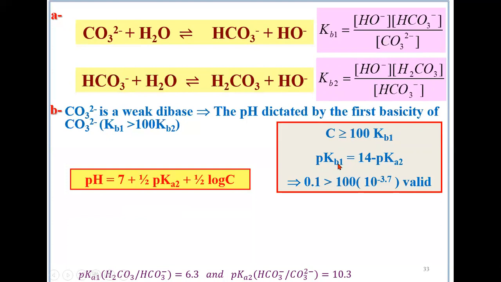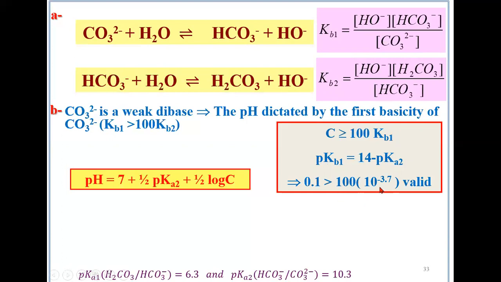I have to get the Kb1 value, which is 14 minus pKa2. Watch out, the Kb1 is gotten from the Ka2. So once I have the pKb1, I can check if the concentration is greater than 100 Kb1.